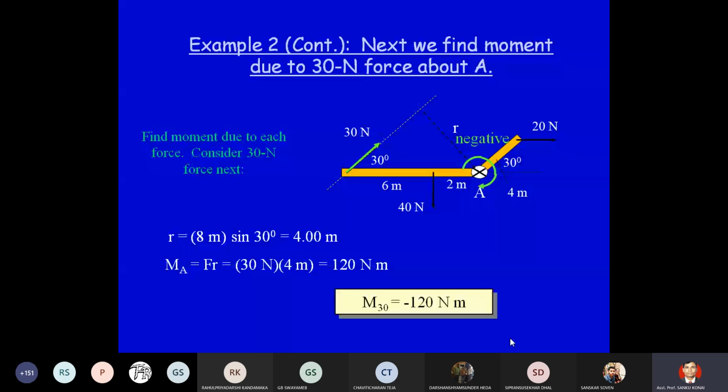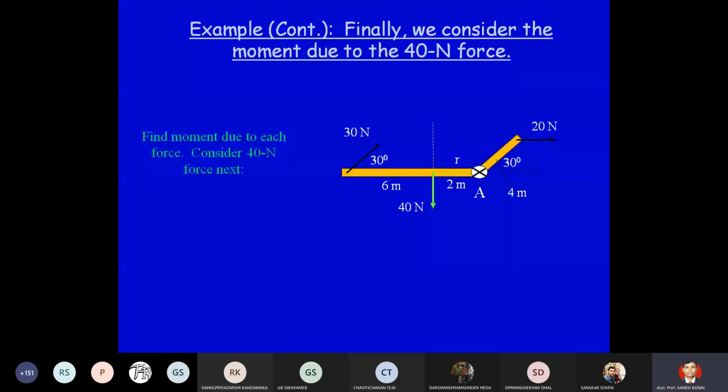There is one more force, that is 40 Newton, which is acting vertically downward. As this is acting vertically downward and we are calculating the moment about A, the perpendicular distance will be the distance mentioned here, that is 2 meters. So what will be the moment here? 40 into 2 will be the moment, right?